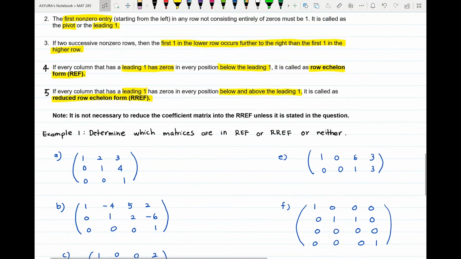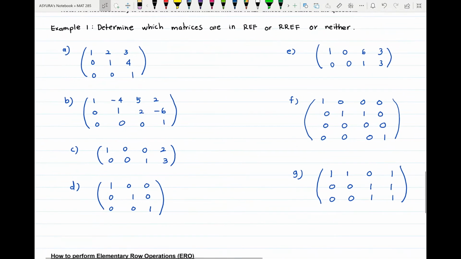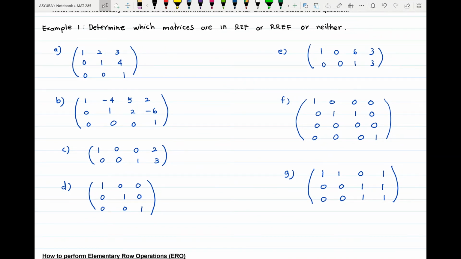Look here, the first one: 1, 2, 3, 0, 1, 4 and 0, 0, 1. Before I forget, REF, row echelon form, refers to the form of a ladder. Echelon means ladder, a stair.